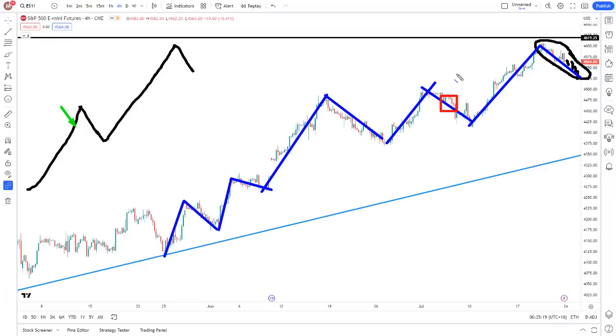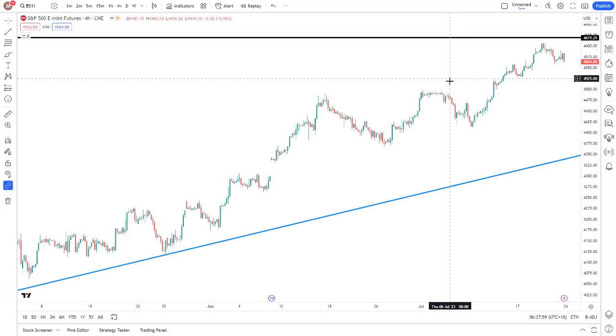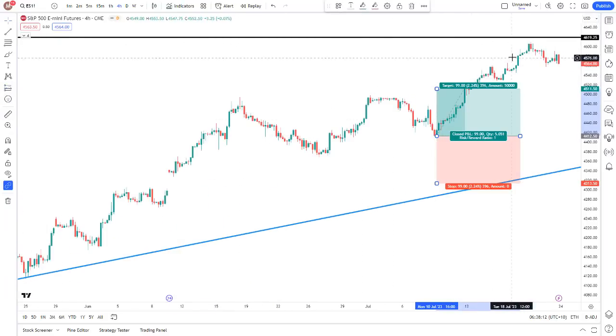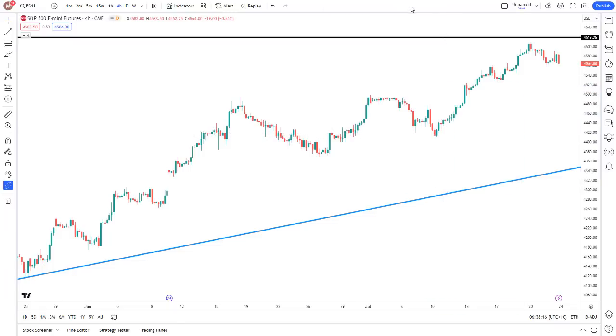So if we do start to see a bit of a drop to the downside, there is a strong level of support around that 4,500 level. And the 50% Fibonacci levels that we're looking for here. Oh, wrong one. There we go. That one there. Right.